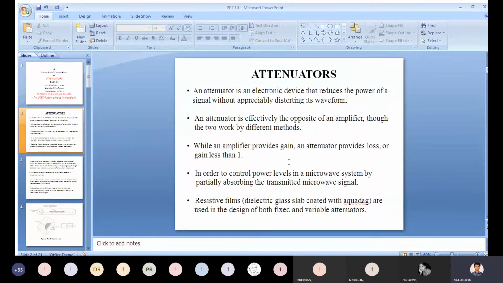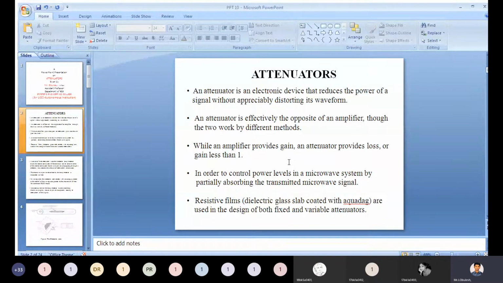Just remember that an amplifier provides gain of the signal, and an attenuator provides power loss in the system or device, which you can represent like a gain less than 1.